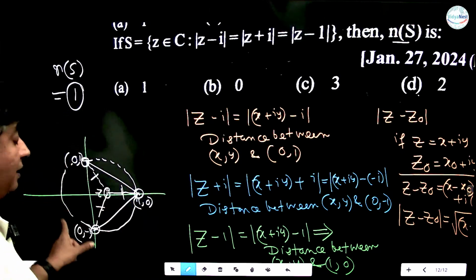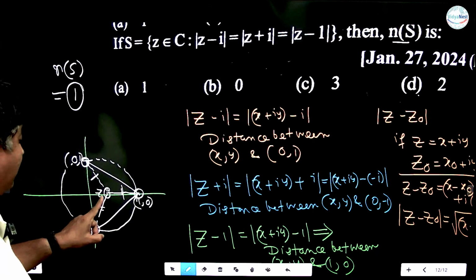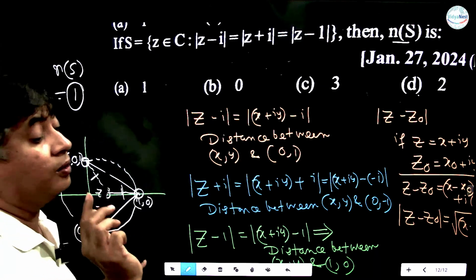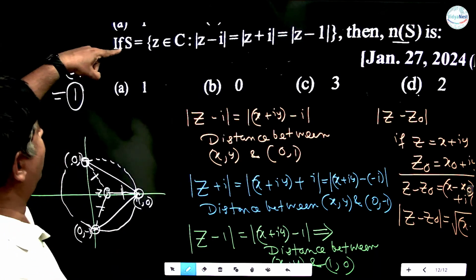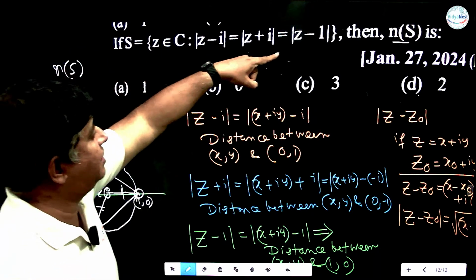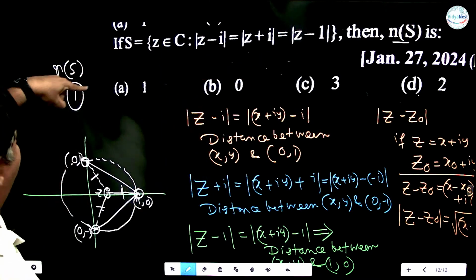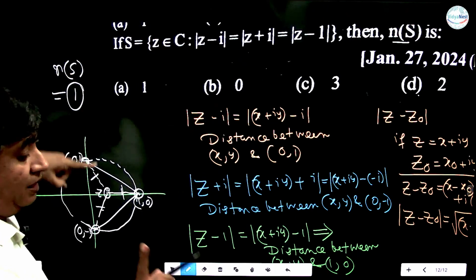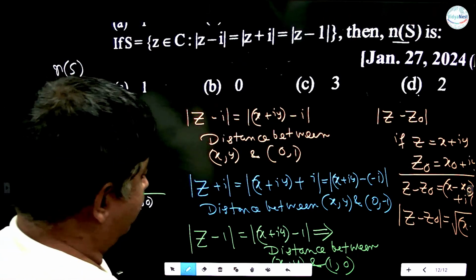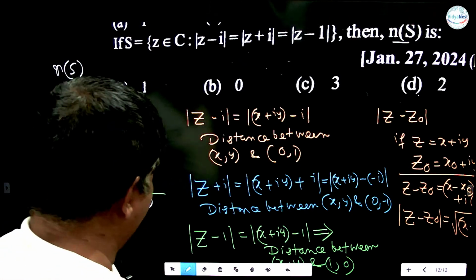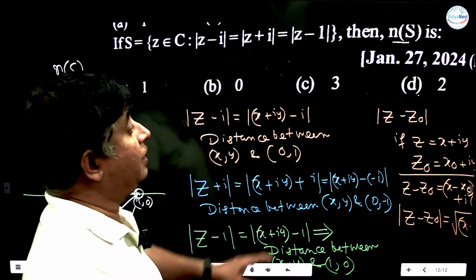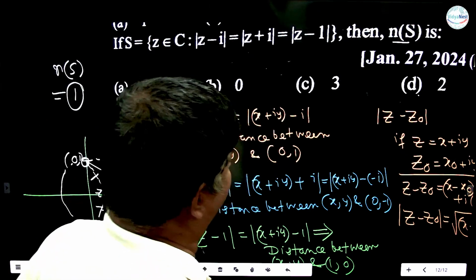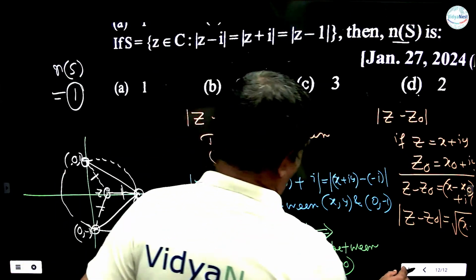In a circle, how many centers can exist? Only one. So how many such points are there in this set? Only 1 point. So the number of such points is 1. Got it? Got it, sir. Okay. So it came in 2024.